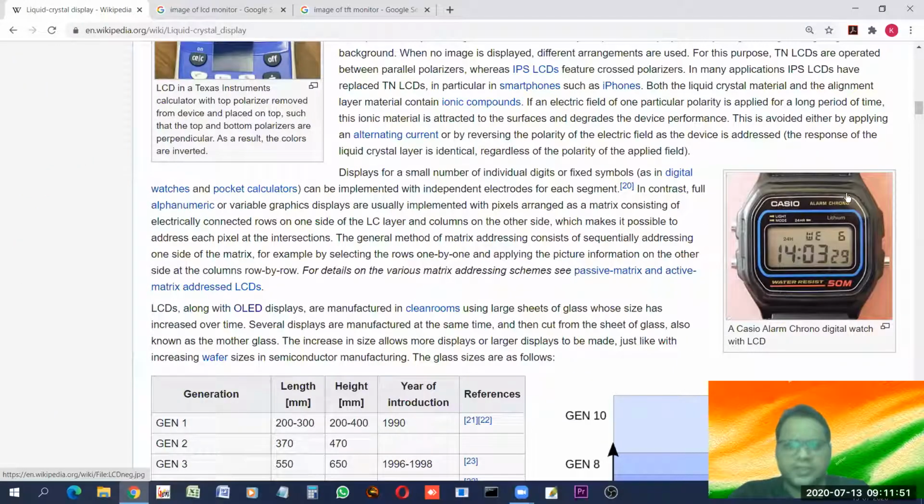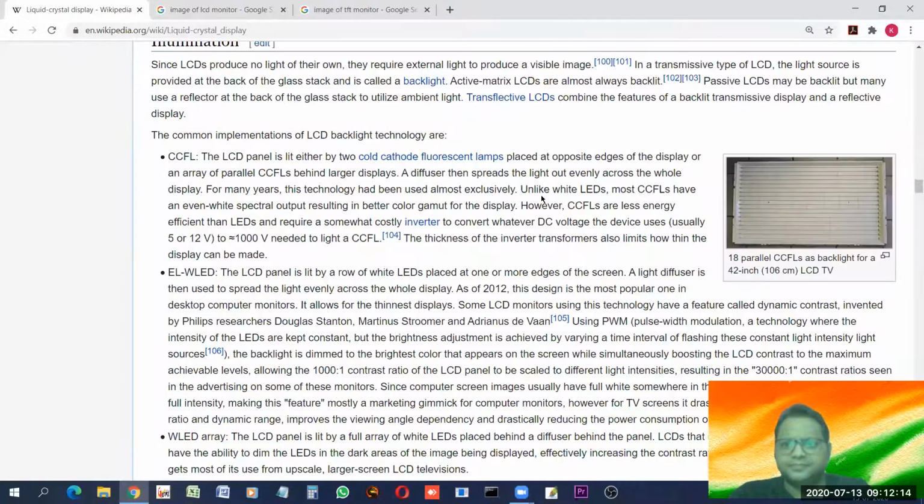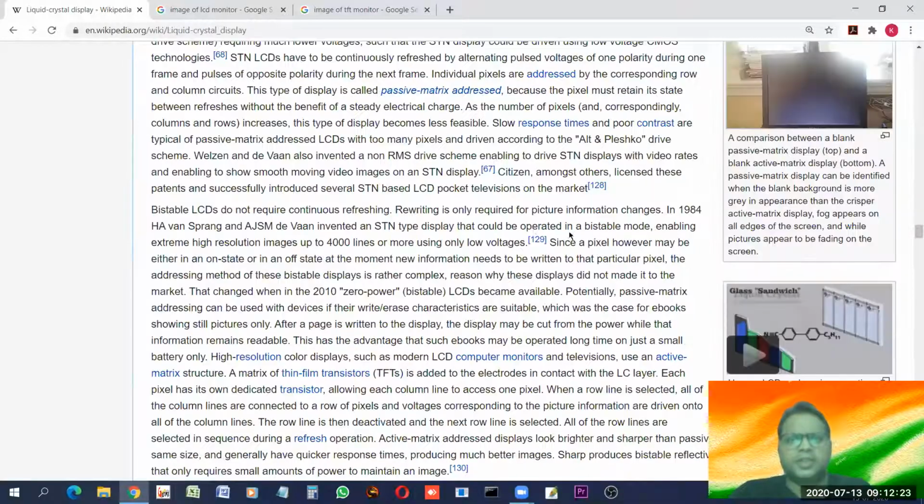In watches, you may see it. So various generations of liquid crystal display are there, and the advancement in them. With time, they became better and better. You can see the history of this liquid crystal display. So when you get time, see more about these things. So these are the liquid crystal displays.